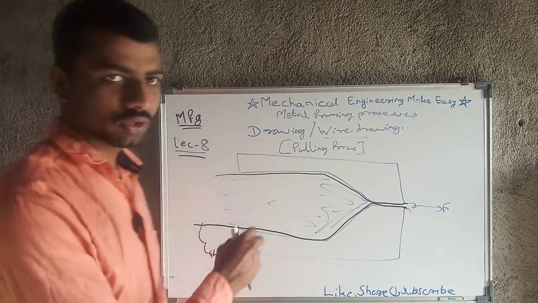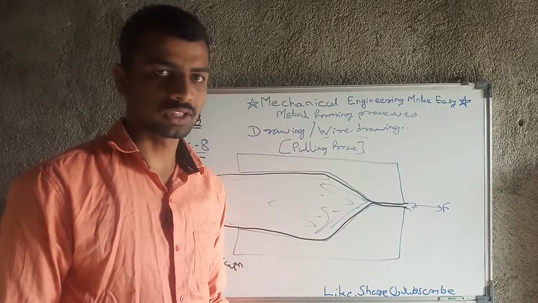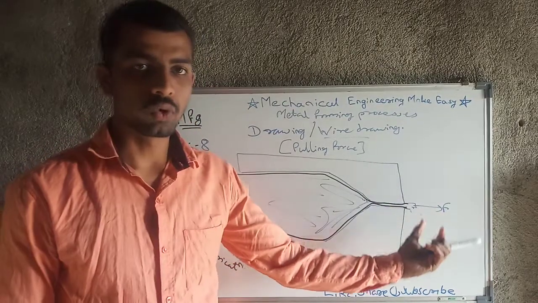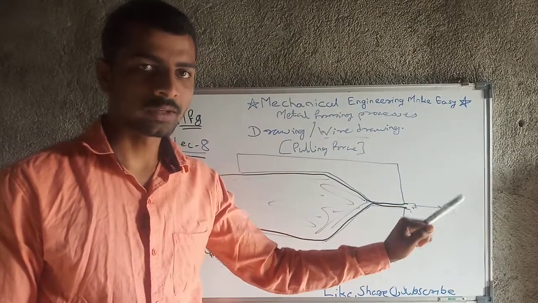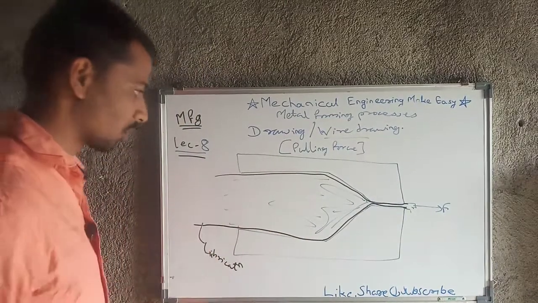If we apply lubrication, then the coefficient of friction will decrease, and the force required to pull the material will be reduced. So ultimately the efficiency of the operation increases.